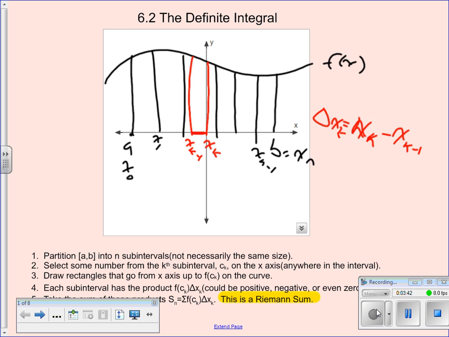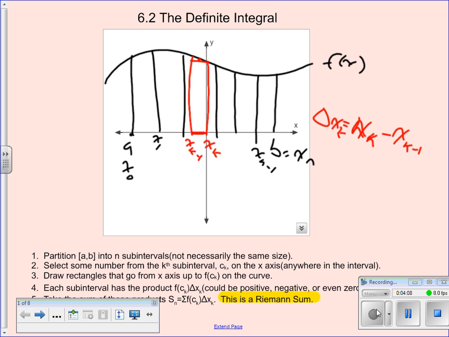Now, if we want to find the area of a rectangle, we have the base. We need the height. So we're going to pick some point in between those two x's. It doesn't matter. It could be the middle, the right, the left, or anywhere in between. Trust me, it doesn't matter.